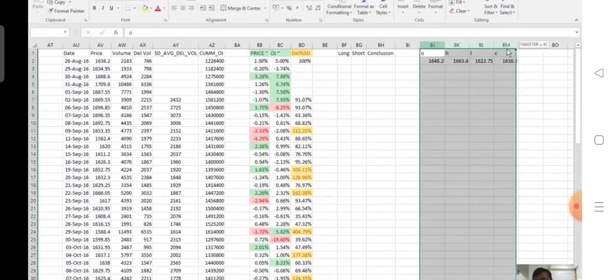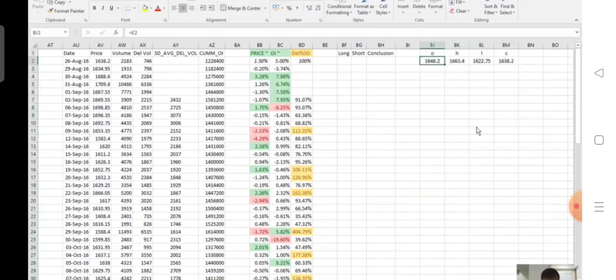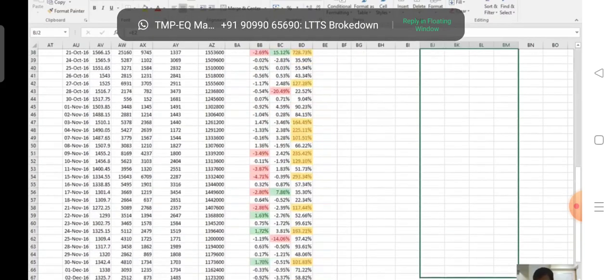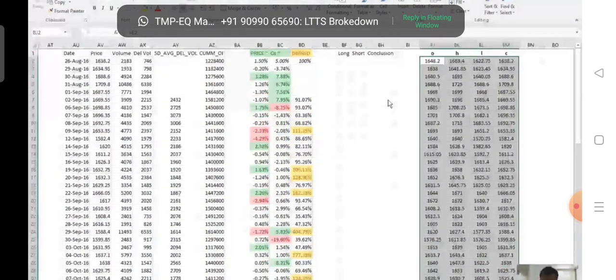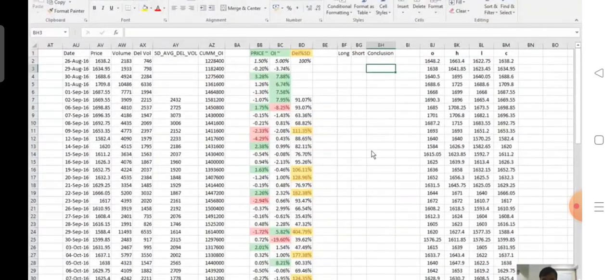The difference between last traded price and close price is that the close price is the settlement price, which is the last half an hour weighted average price, and last price is the last traded price. Ideally, we should take the close price. Okay, now let me drag this. Great. So our Excel is ready.